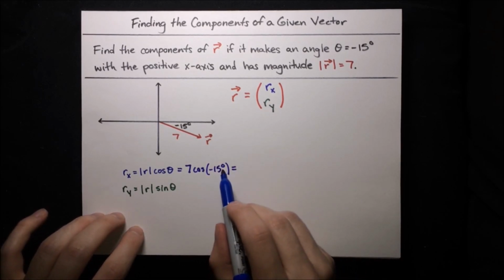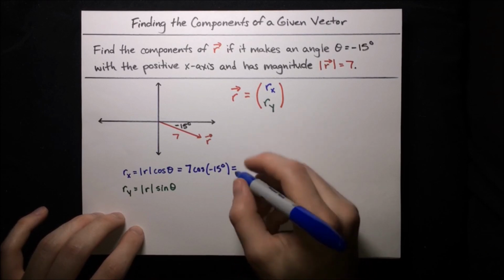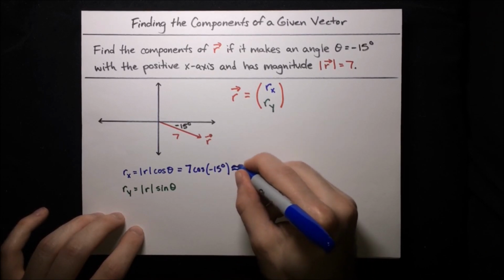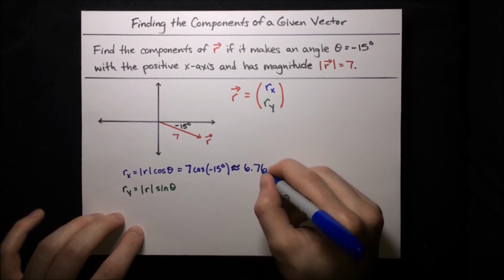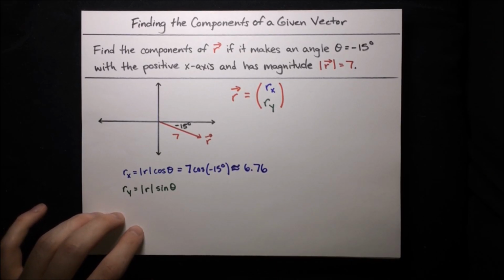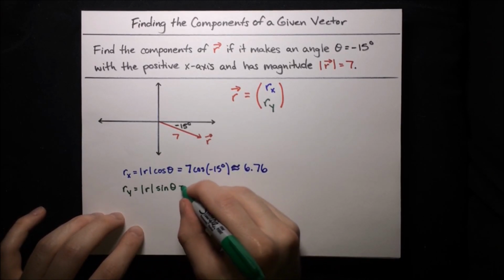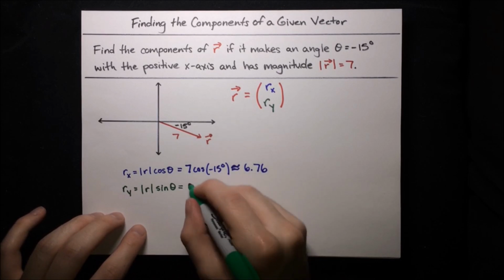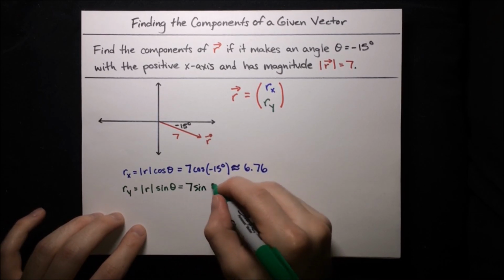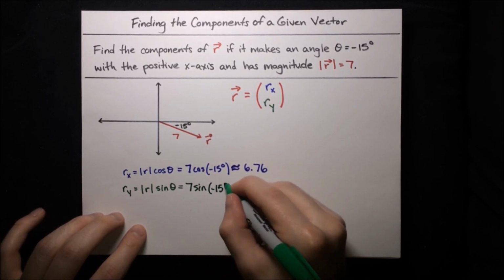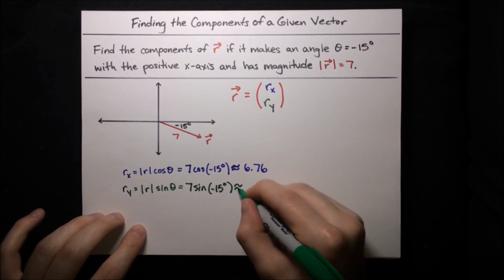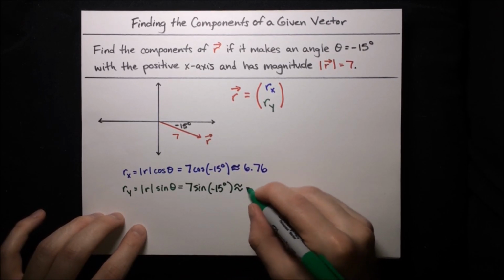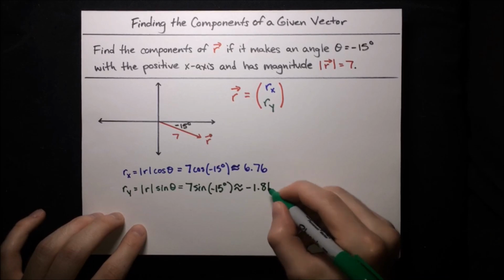Now we're in degree mode, be careful of that, and the result is approximately 6.76, and then same idea for ry. Ry is sine, so 7 sine of negative 15 degrees, and that is approximately equal to negative 1.81.